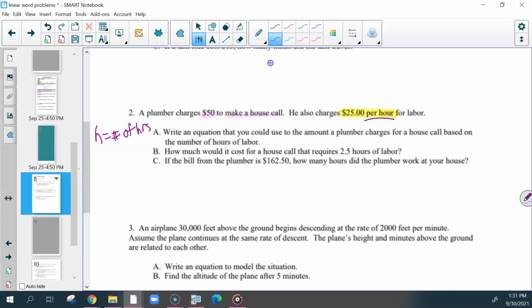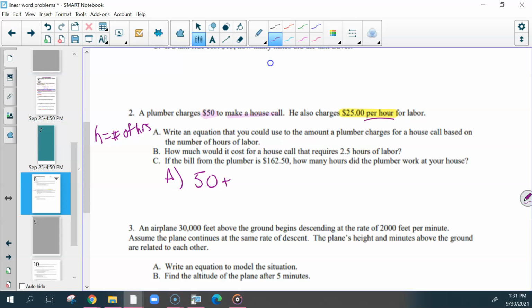So to make that equation, it would be 50 to just make the house call. So that's even if they get to your house and they just say, oh, this will take no time at all and it takes like 30 seconds. Then they didn't stay there for an hour and they're not going to charge you another 25. But they did come to your house, so they're going to still charge you that 50, no matter what.